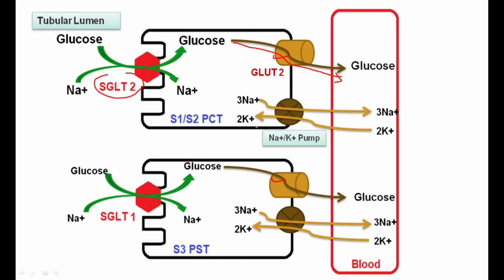So glucose is reabsorbed from the tubular lumen through SGLT2, which is the reabsorption of glucose, and then using GLUT2 it enters into the circulation.